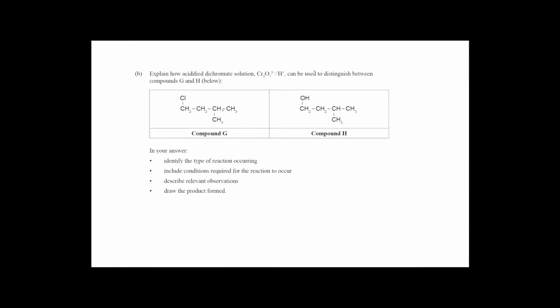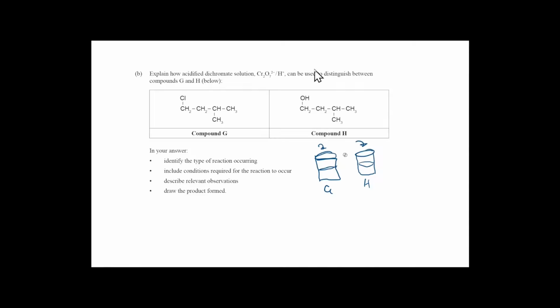Okay, this is a classic experiment that you would have done in class. So when we do that, we've got 2 pots here, so this is G, and this is H. And we put some of this in to both of them separately.